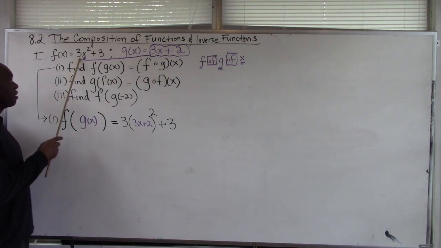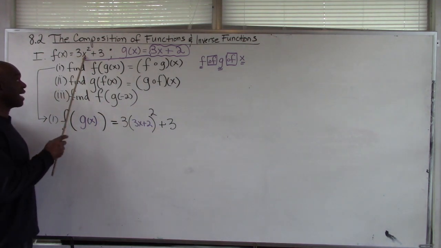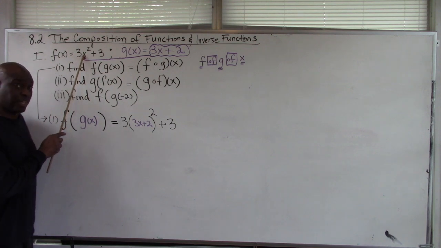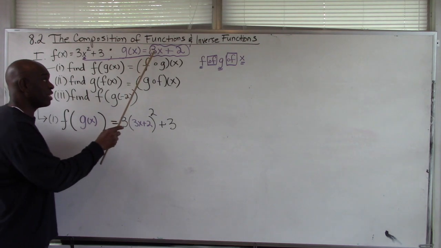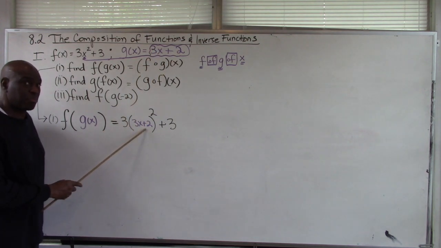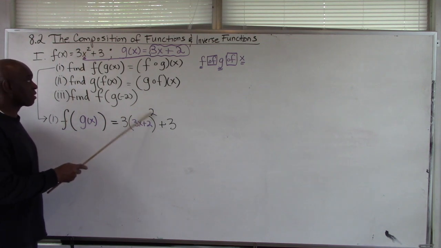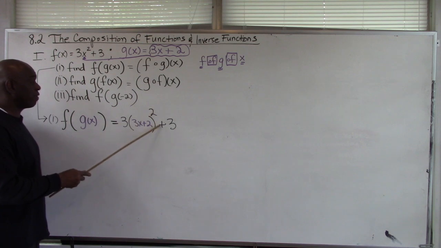You see this 3? Well, here it is right here. You see this x? This x is going on vacation. I've taken out the x and I put all of this, 3x plus 2, in its place. The square sign, there it is. The plus sign, there it is.